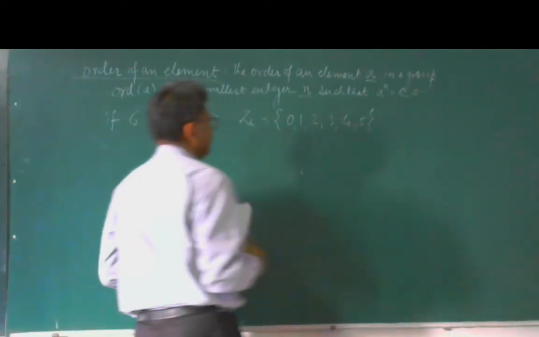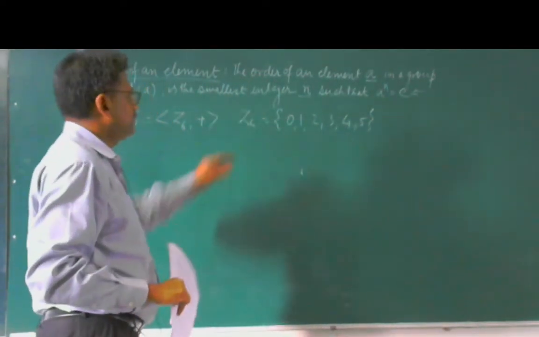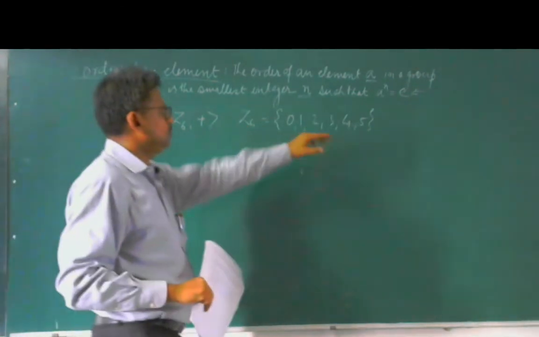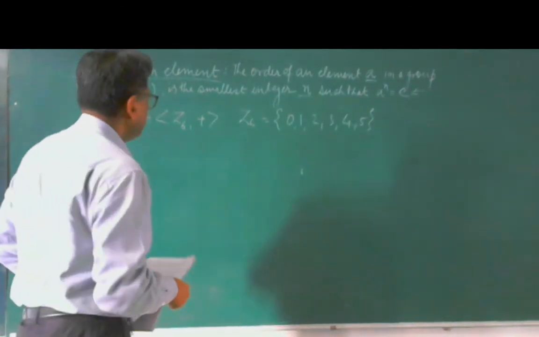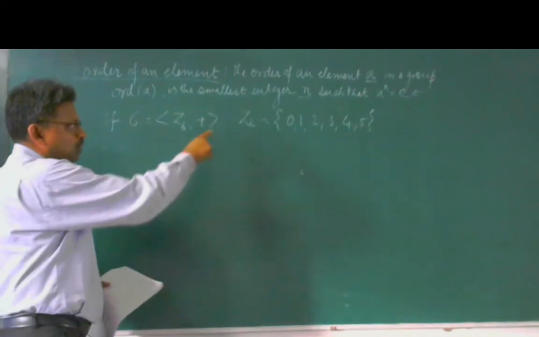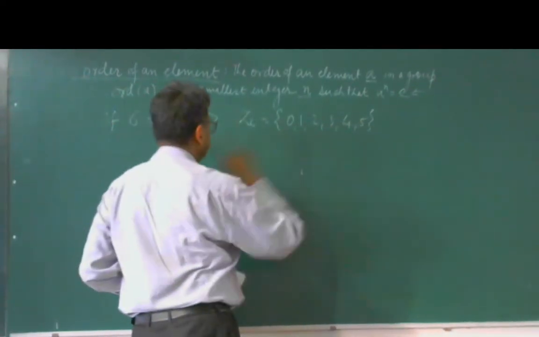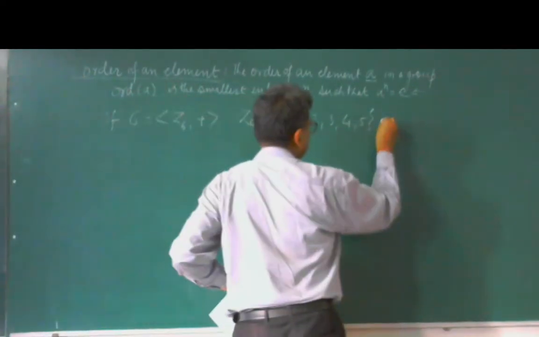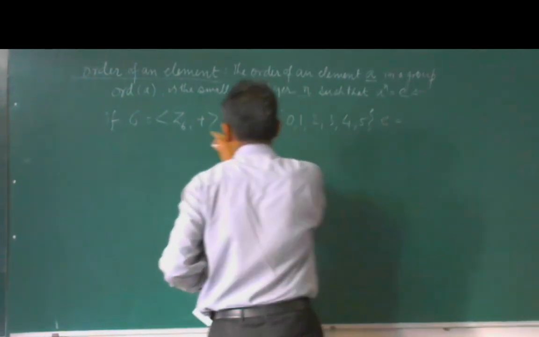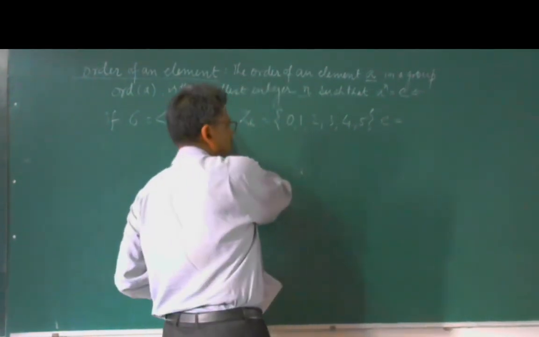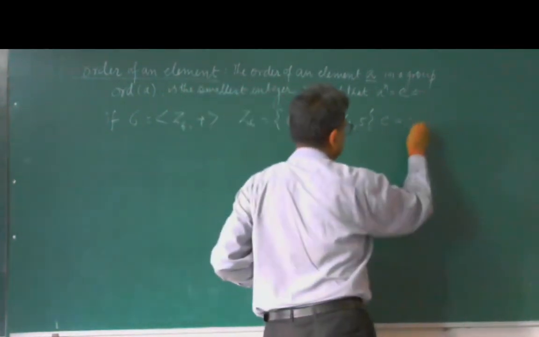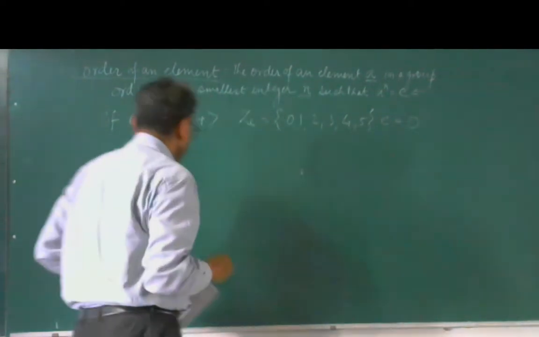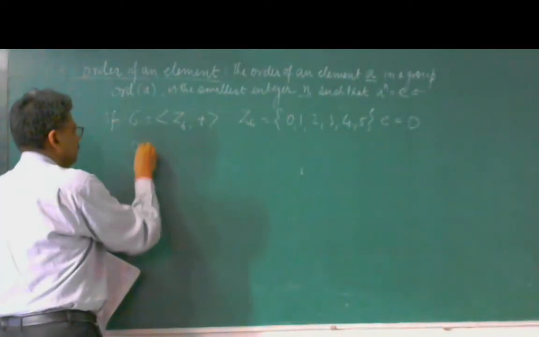There will be 6 elements from 0 to n minus 1, where the value of n is 6. So, we have to find the order of each of the elements 0, 1, 2, 3, and we also know that since the operator is addition, the identity element is 0.